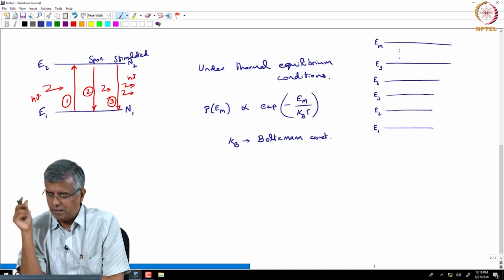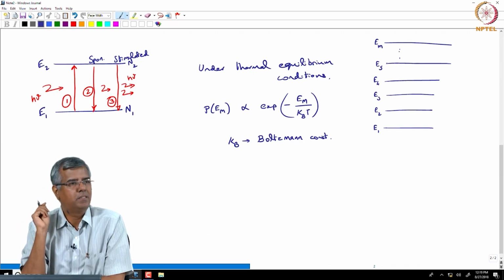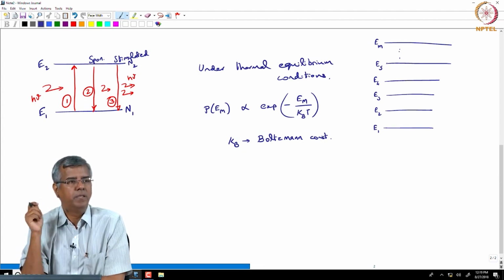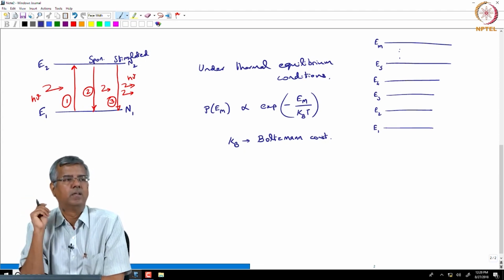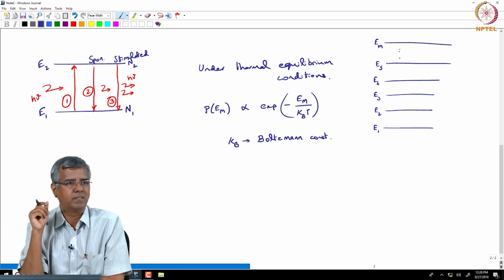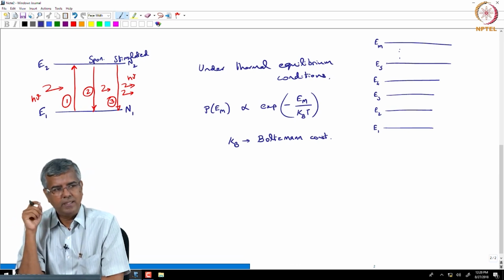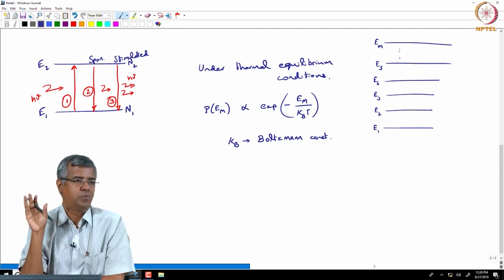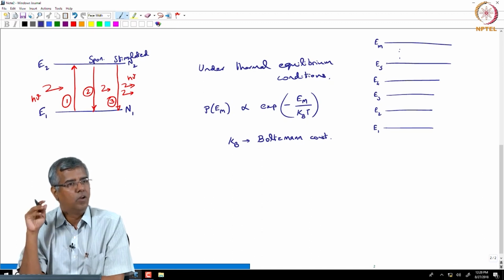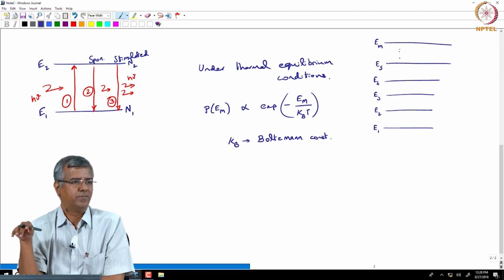If you examine this closely, what it says is the higher the thermal energy, the more is the probability that an electron will occupy one of the higher energy levels. In other words, if T is 0, T is absolute 0, thermal energy is 0, all my electrons are going to be only in my valence orbital, right.